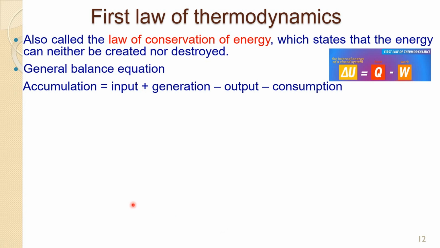I hope you remember these terms. Accumulation equals input plus generation minus output minus consumption. This is what you learned, right? And since energy cannot be generated or consumed, accumulation must be equal to input minus output energy.